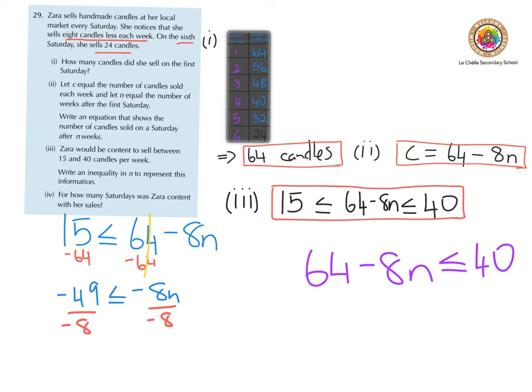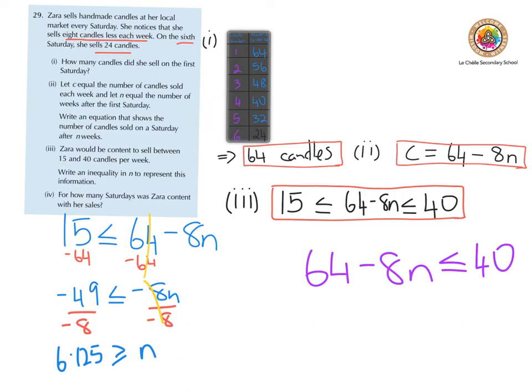So that's going to cancel here, and that's going to leave me with n. And minus by minus is a plus. 49 divided by 8 is 6 and 1/8, 6.125. And again, dividing across by a minus changes the direction of my inequality.